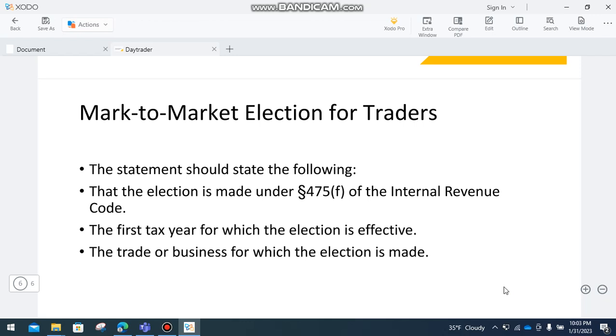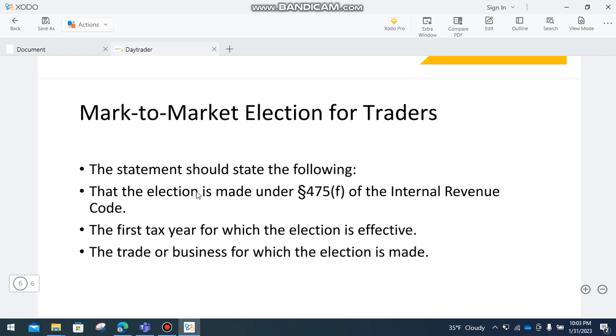For example, if you have a $5,000 loss, you are only allowed to take $3,000, and the remainder goes into next year's tax return. Now, if you make this mark-to-market election for traders, your losses don't cap. You can take the losses unlimited, so there's no cap on it.